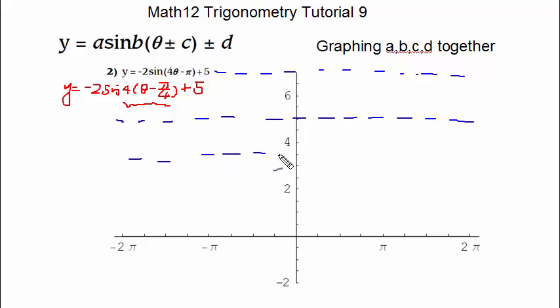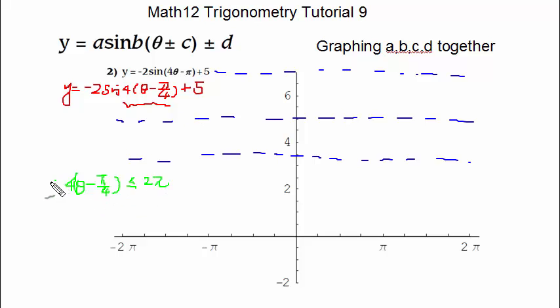Alright, and then put whatever is inside between 0 and 2 pi. So 4 theta minus pi over 4 less than 2 pi and bigger than 0.